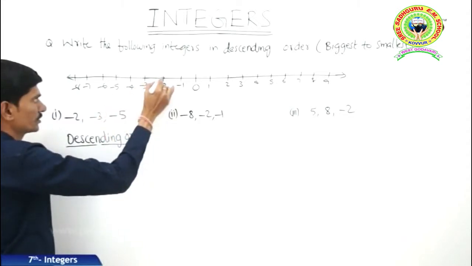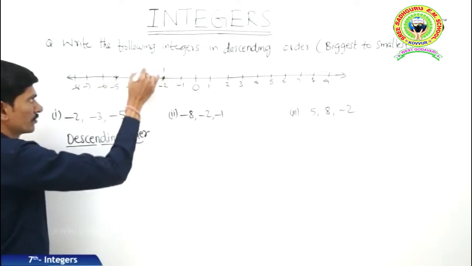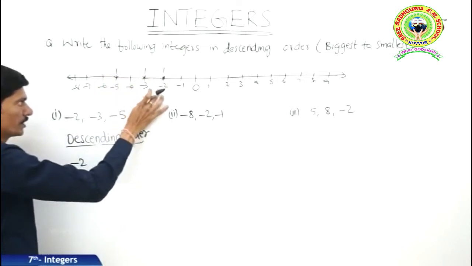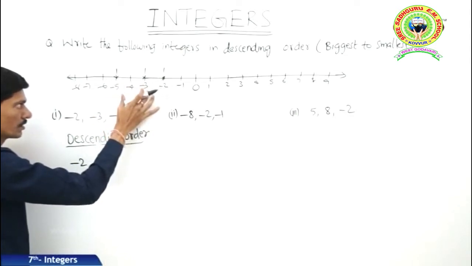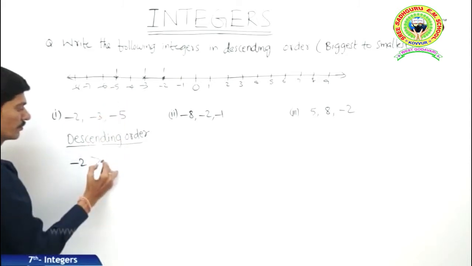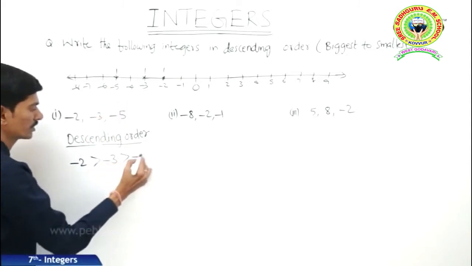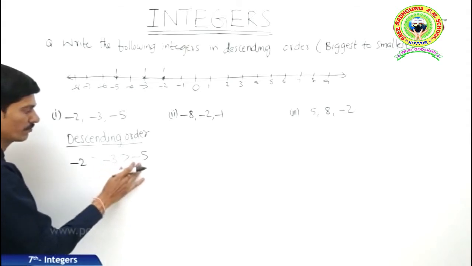When you represent -2, -3, -5, -2 is the biggest, it lies to the right of the other integers. Then next -3, then -5. So -2 is greater than -3 and -3 is greater than -5.